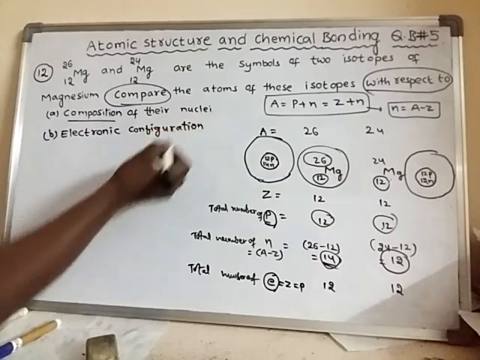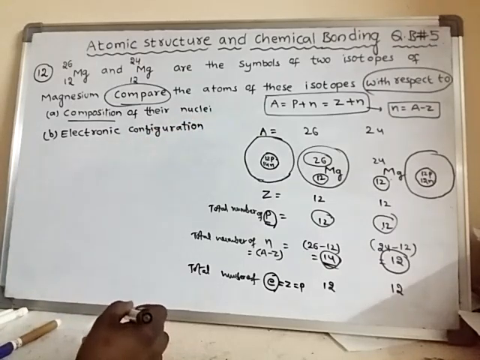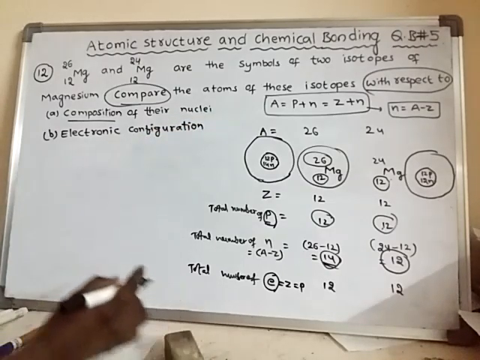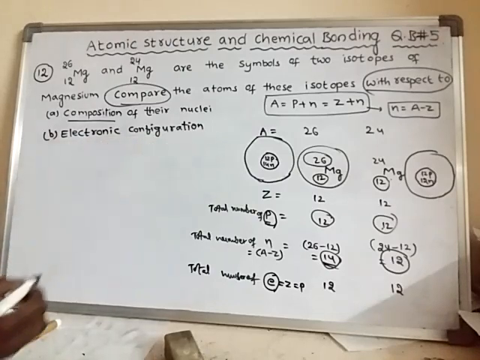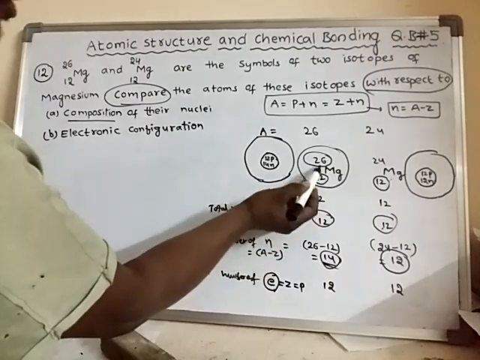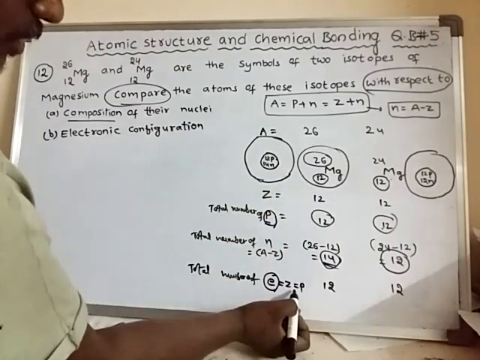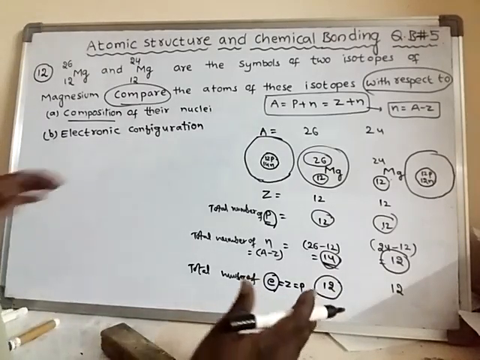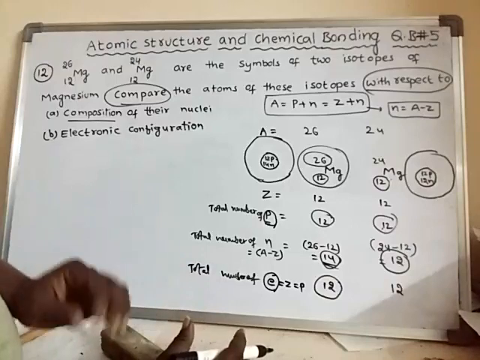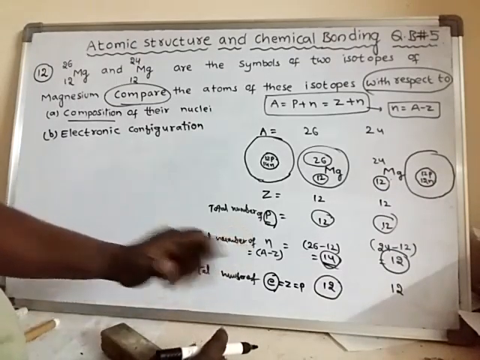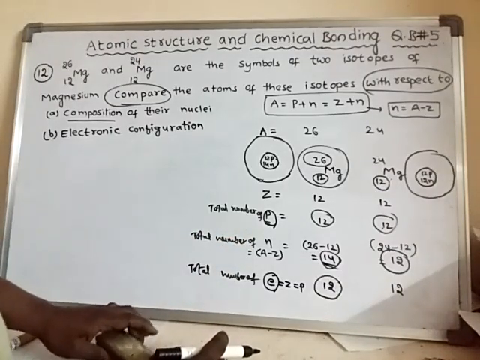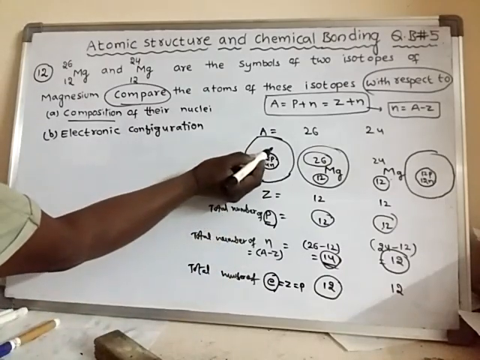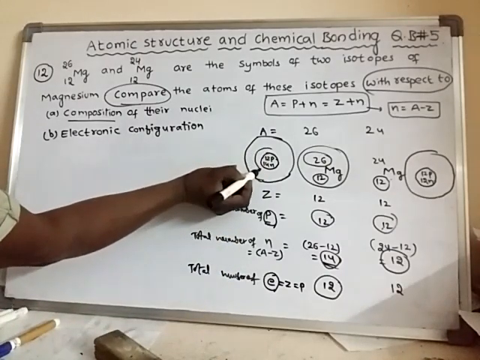It is nothing but the systematic arrangement of electrons in various orbits. Suppose you take this isotope, how many electrons does it have altogether? There are 12 electrons. All 12 electrons are not arranged in a single group. They are arranged differently. How are they arranged? For example, this is the first orbit.